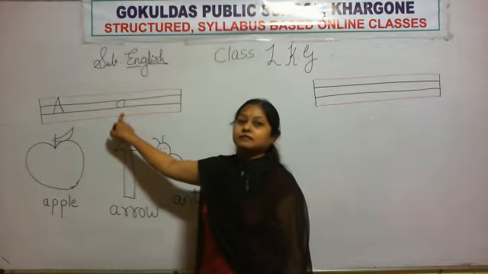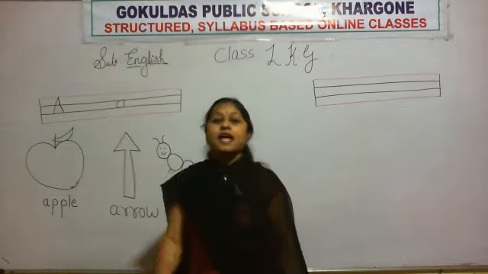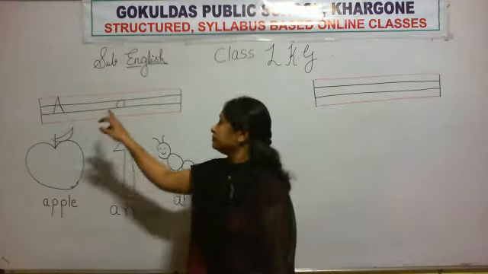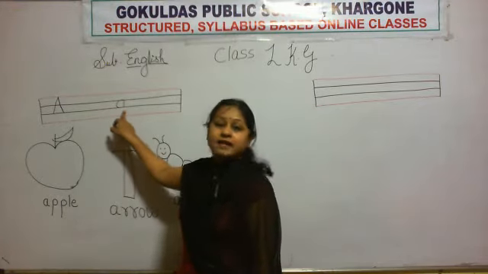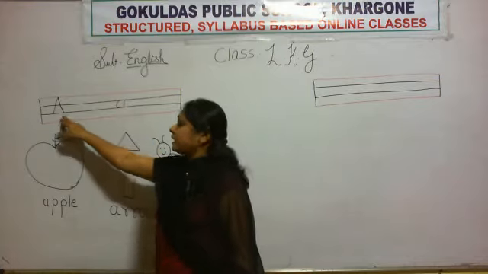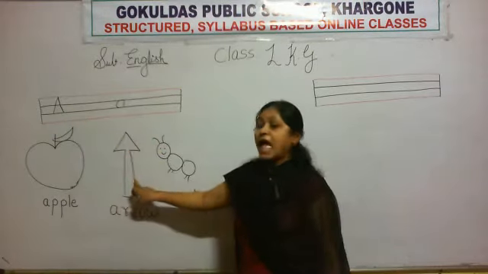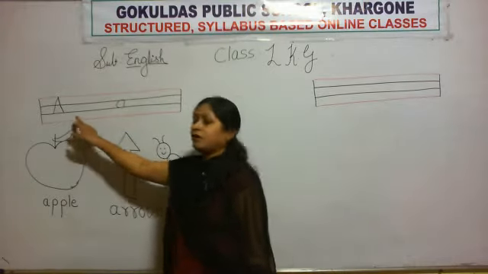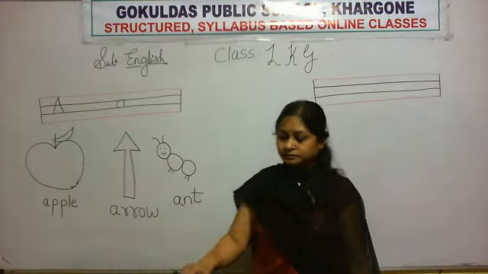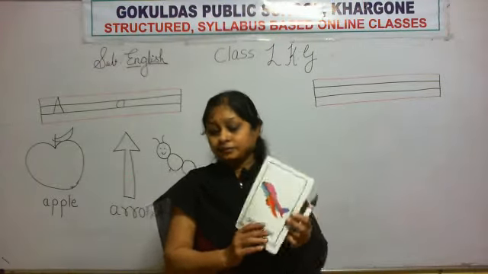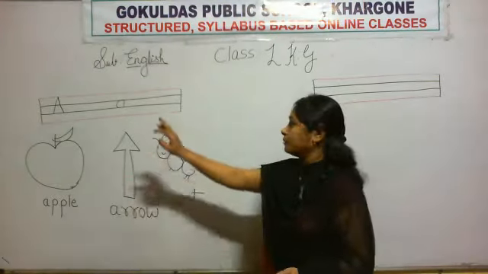A. Make sound like this. A. Open your mouth and say A. A for apple. A for arrow. A for ant. A for aeroplane. Okay.